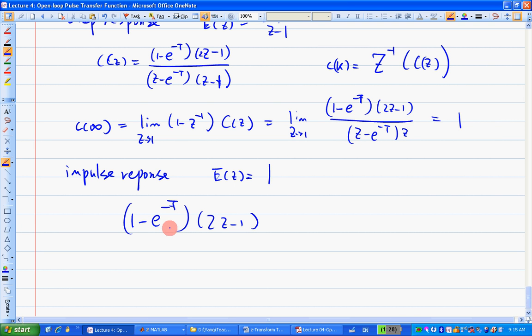For this one, it's a block of just 1 minus this. For this one, it's 2, negative 1. You're supposed to multiply them with each other. You can use conv, and that gives you the result of this multiplication. That's what that command is for.